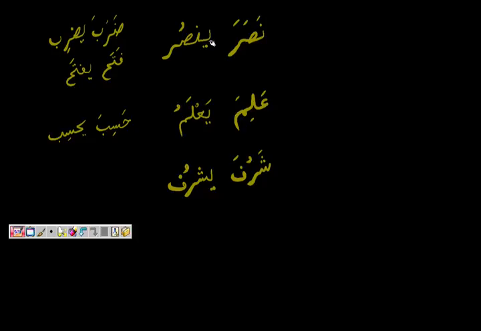So karuma yakrumu is the easiest. If you see a dhamma, it'll always be yakrumu. But if it's the standard nasara, you just have to know that it's yansuru. There's no other way. There are some sort of hints that are given for when it would be yaf'ulu and yaf'ilu and yaf'alu. It's easier just to memorize the usage.